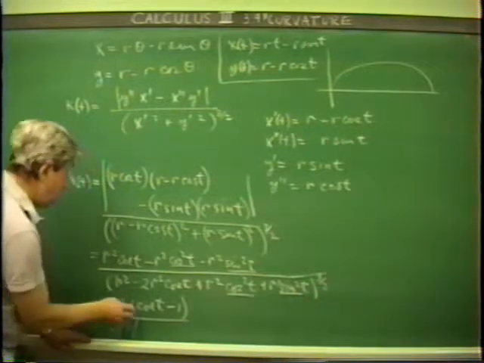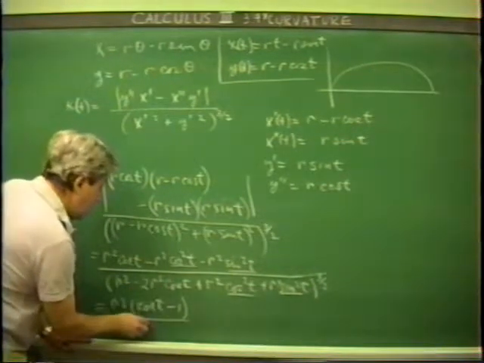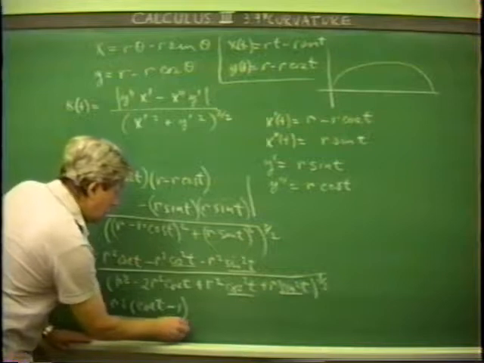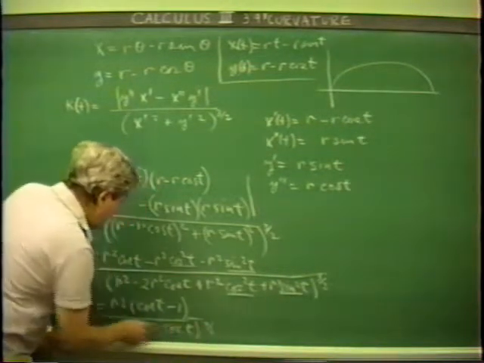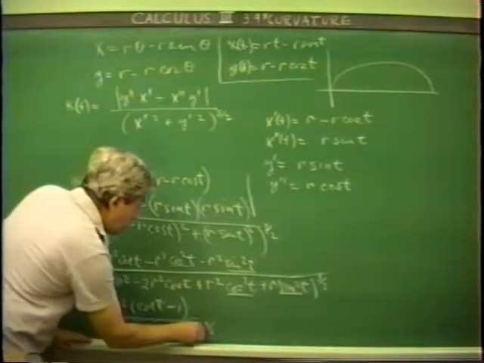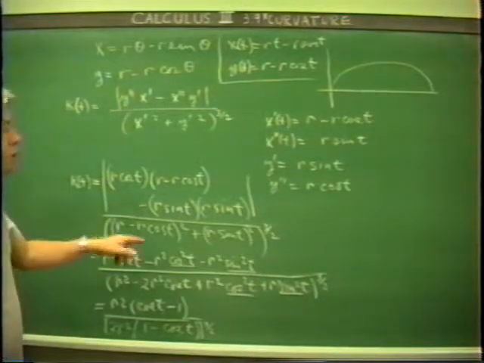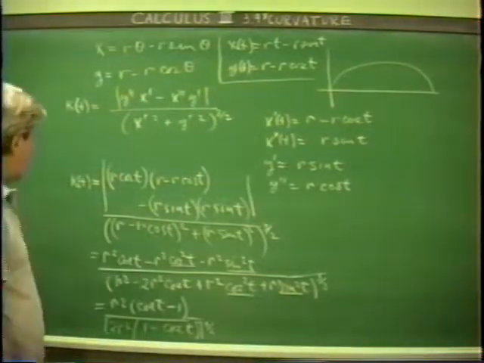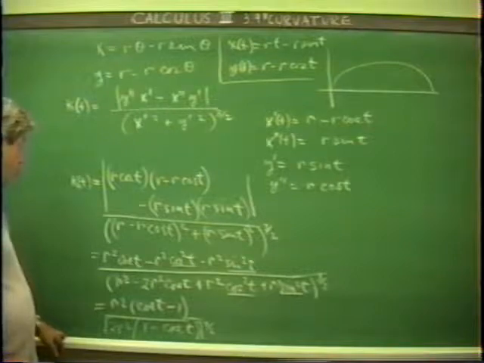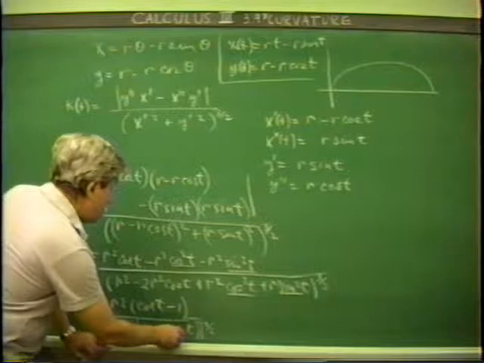So this is going to give us 1 r squared, and it's going to give us another r squared over here, so we've got 2r squared. And then we've got times 1 minus cosine t, and the whole thing is to the 3/2 power. Okay, continuing to simplify here because it's going to shed some light on this cycloid. Otherwise, this is a perfectly good answer, of course, for the curvature.